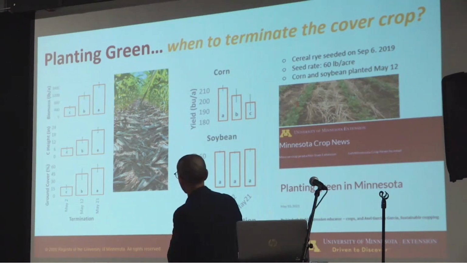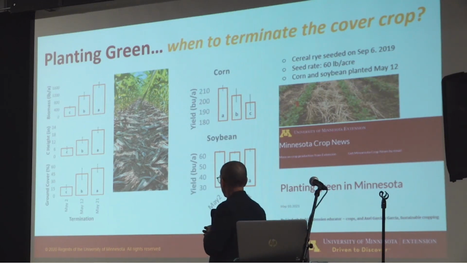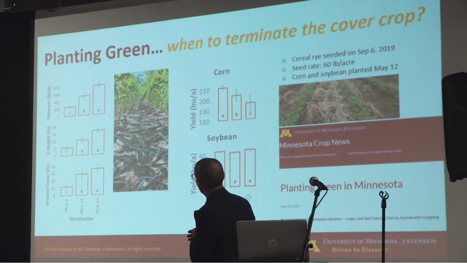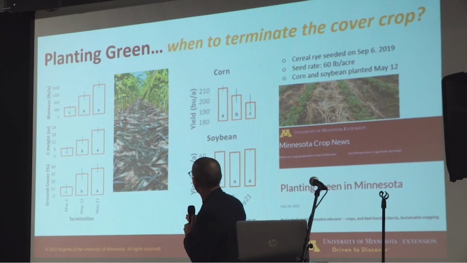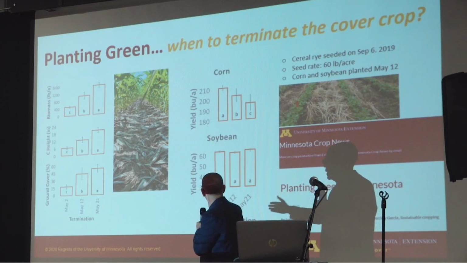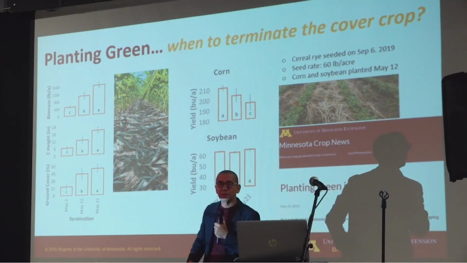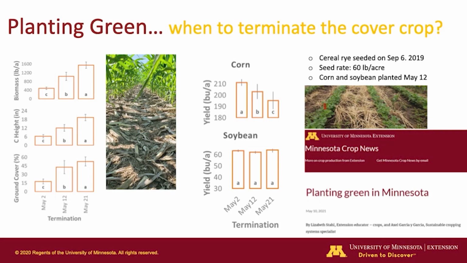without affecting the cash crop, obviously. So this study was conducted in 2020. We planted our cover crops in 2019, and then we terminated the cover crops in 2020 at 3 different dates, okay? We burned it down with glyphosate. Most of the time, we use glyphosate to terminate cover crops and to control weeds.